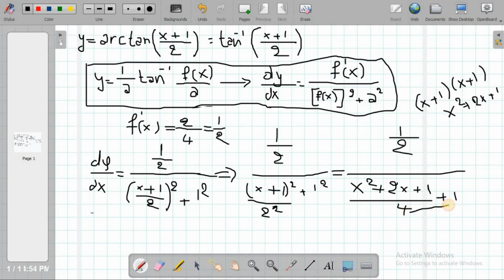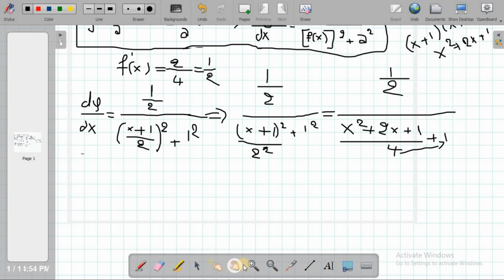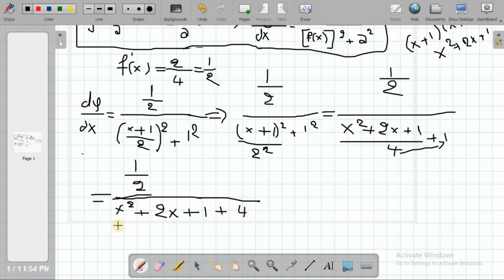We can send the 4 this side so that we can make one fraction bar only. So if you come back down here, we can say 1 over 2 divided by x squared plus 2x plus 1 plus 4, and make everything over 4.